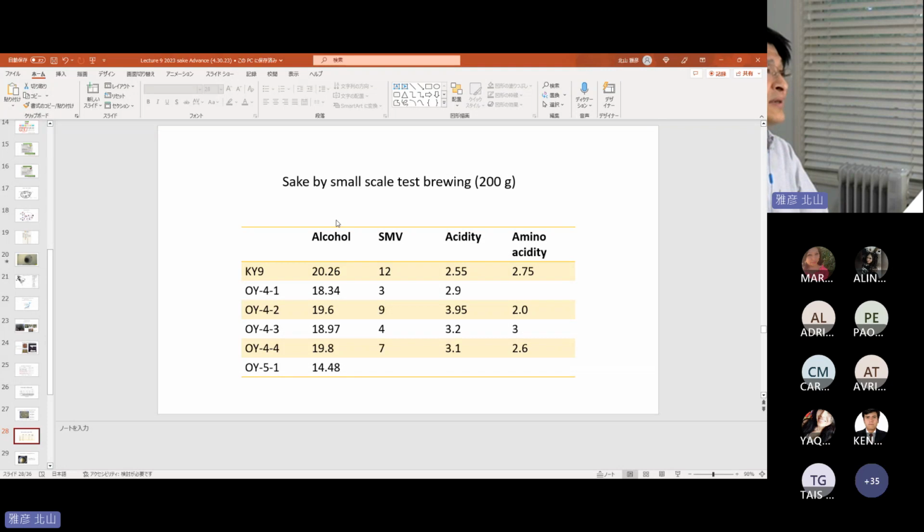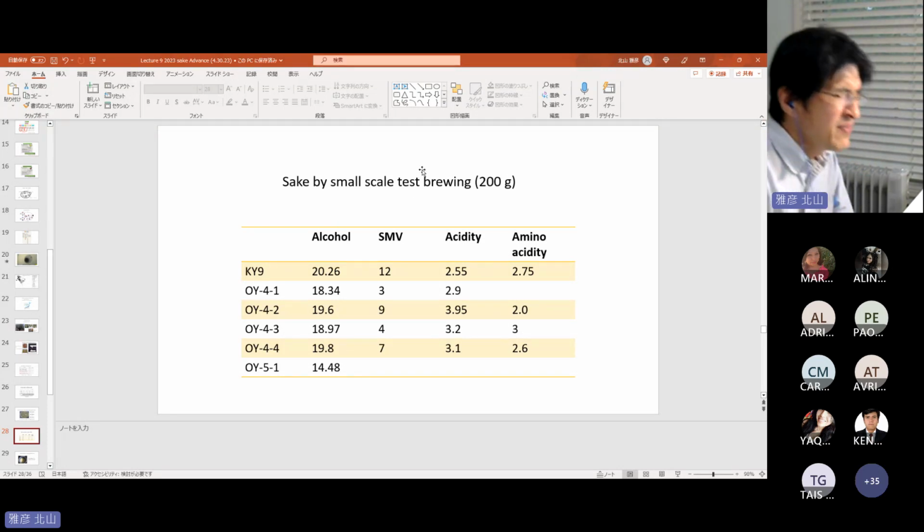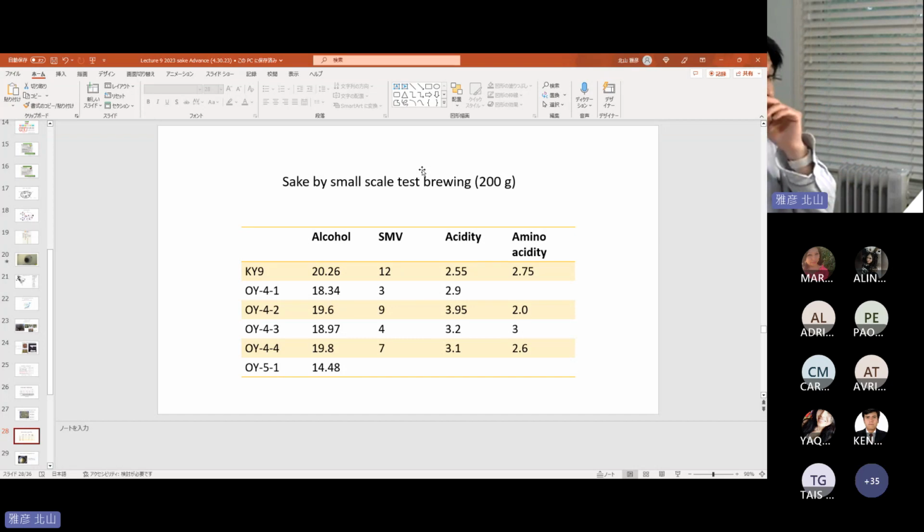We can make this type of test brewing using a 50 milliliter medium bottle. If we have a chance to make a lab course in Arequipa, we can make test brewing just like this, using rice, koji rice, water, and yeast.